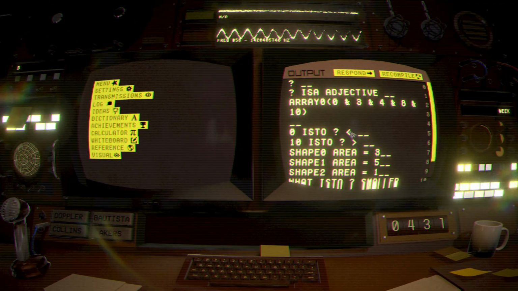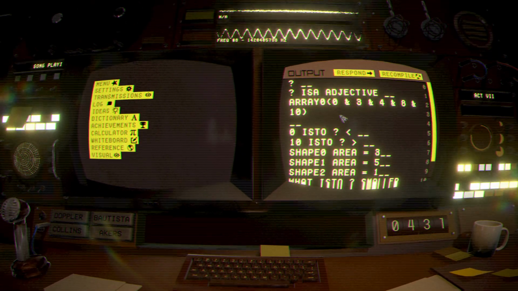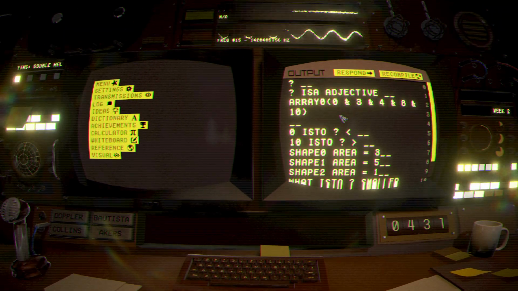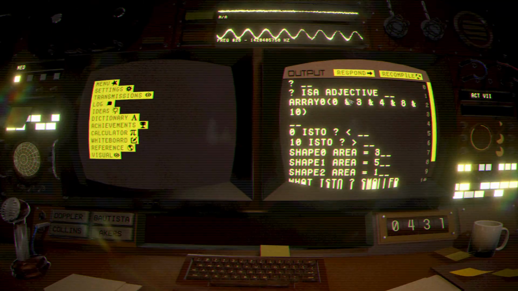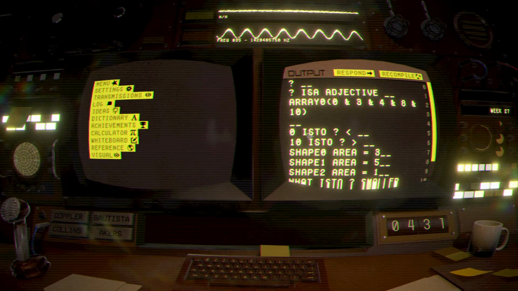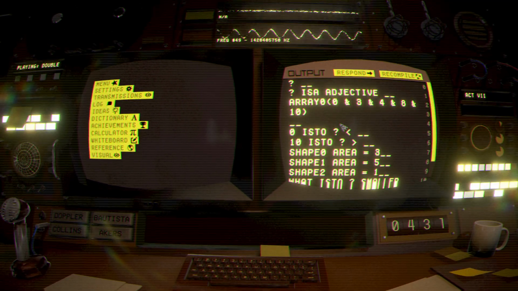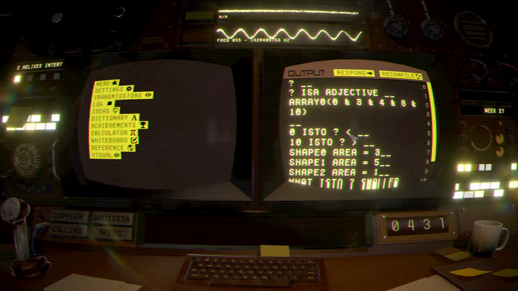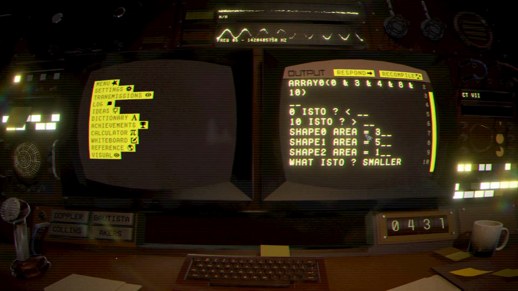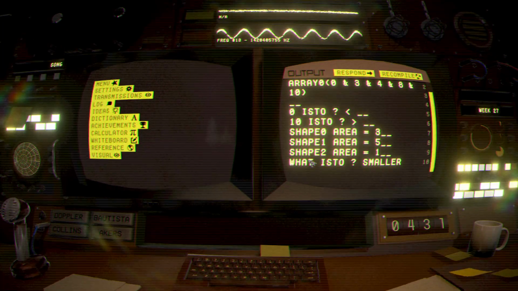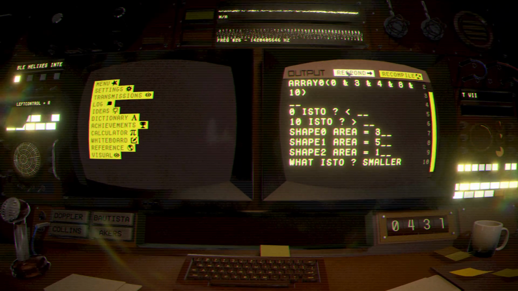Zero is to... Let me think. So in this, if we're looking at this array, 0 is like being least, lesser than. 10 is like being the most. So something is like being smaller. Less than?